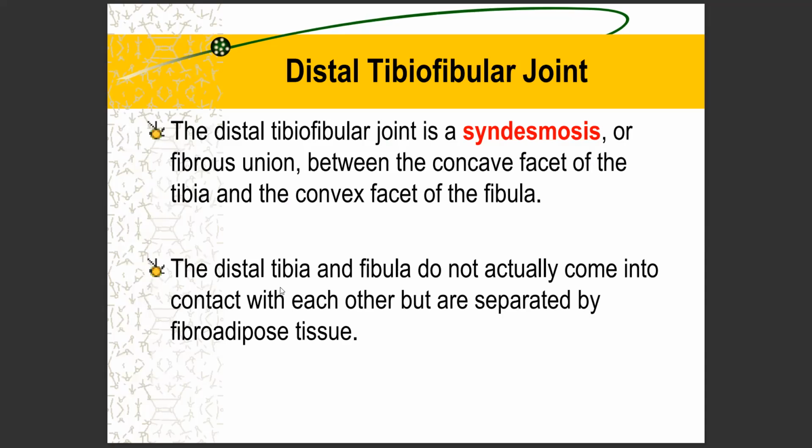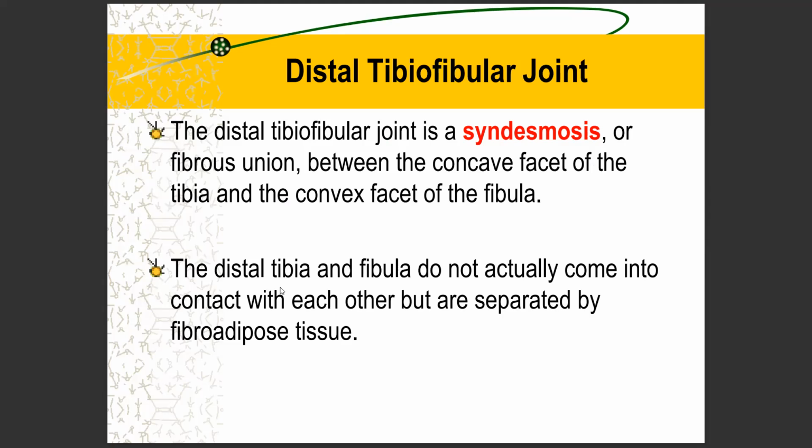The distal tibiofibular joint is a syndesmosis, which means a simple fibrous union. This distal tibiofibular joint is not actually a joint. There is no actual contact between the tibial surface and the fibular surface.